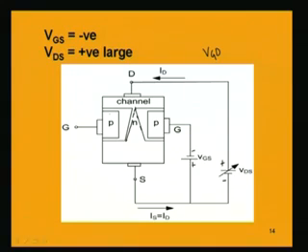So, this phenomenon is similar to the pinching off that we discussed in MOSFET. It is due to this reverse biasing potential between gate and drain being varied because of the variation in VDS.